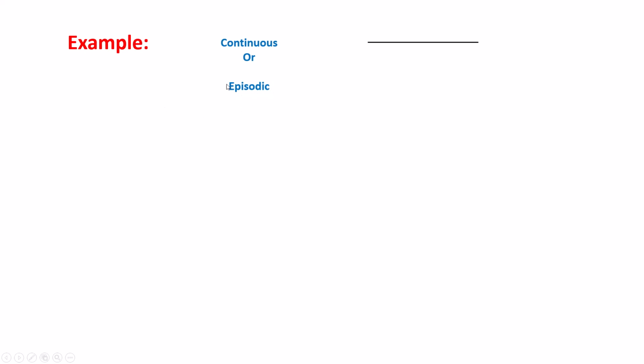Episodic means episodes. The day before yesterday the problem was there, then again today it started, like that episodes are there: started, ended, started, ended. If it is going like that, then it is episodic. Or we can write fluctuating.